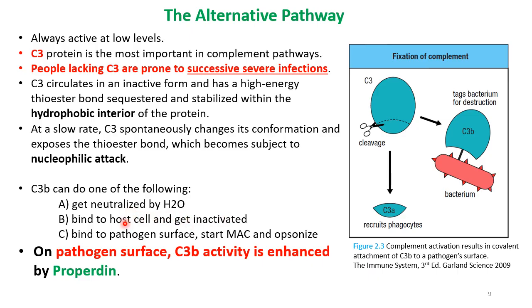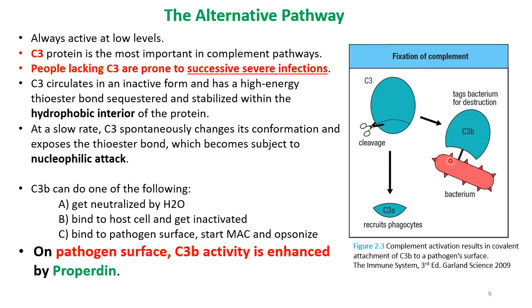If it happens that just by chance it bound to some bacteria that was not supposed to be there in the first place, then that's a good thing, because C3's job is a surveillance job, and it doesn't know if it has bad guys or not. It's just getting activated because it can, and if it binds to something that the immune system didn't see, then it is going to kill the pathogen by activating the MAC.